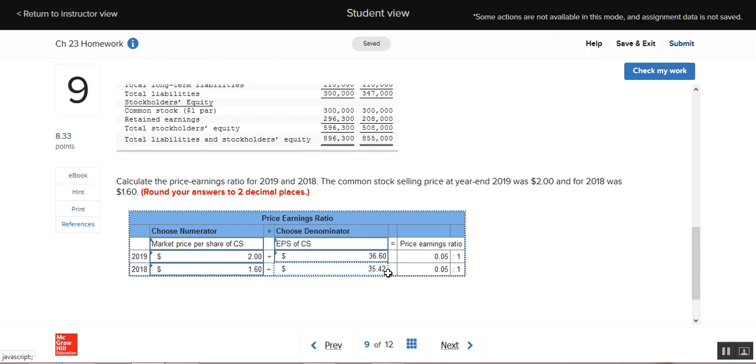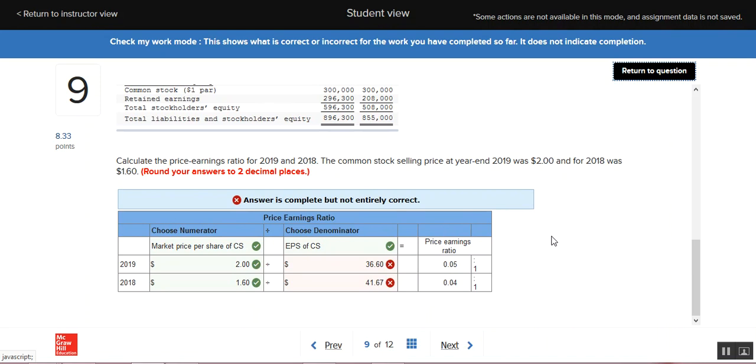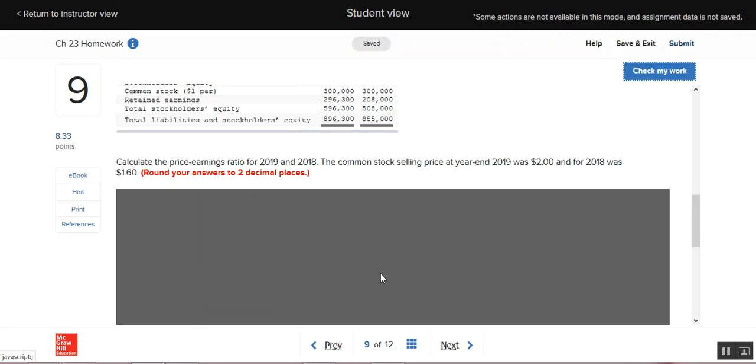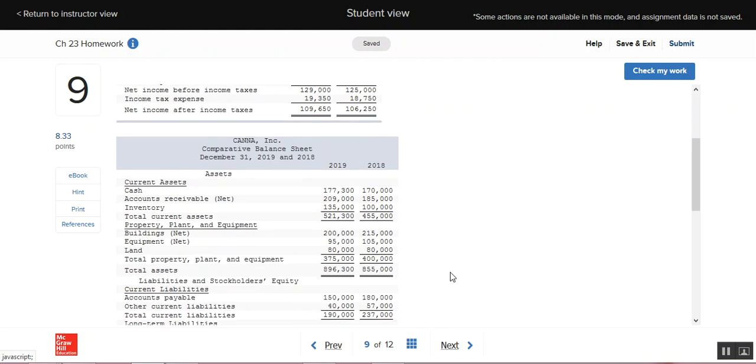Let's try this. This is what happens when you don't do this very often. Well, it would help if I typed this in as cents. I am so sorry. Let's try this again.